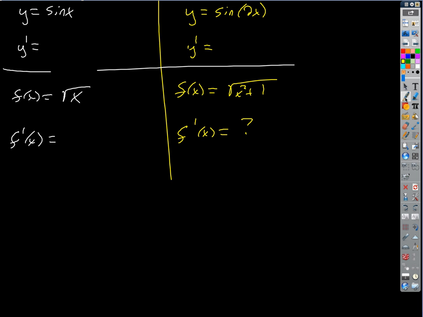So if we want to do this problem, I'm going to write it this way. Okay, so y equals sine of 2x, and I want to get dy/dx out of this thing. Can anybody think of a way that we could apply that thinking we just did?